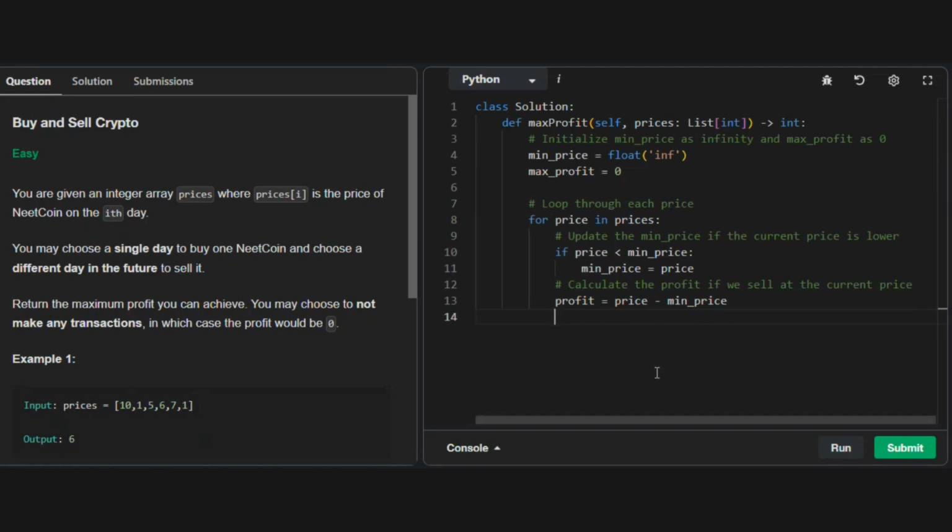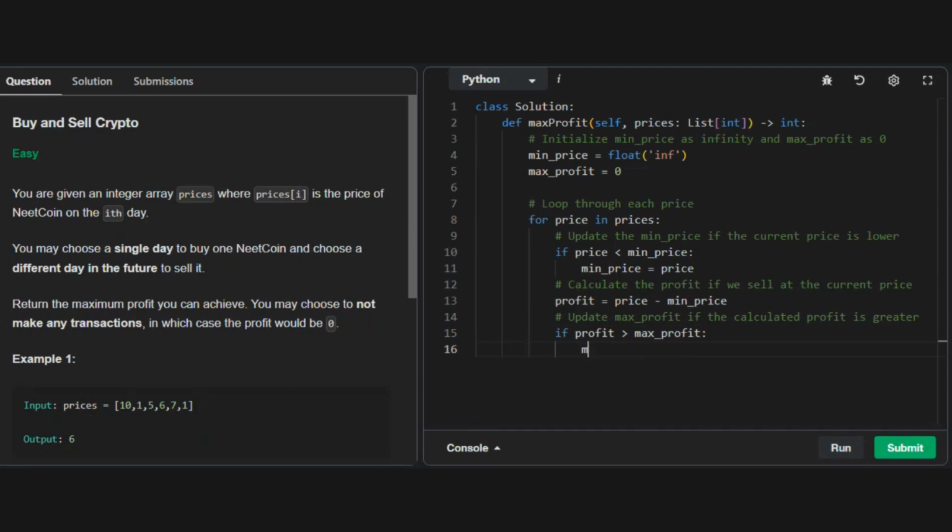So if that is the case, then, simply speaking, we make max profit equal to profit. And then we return.